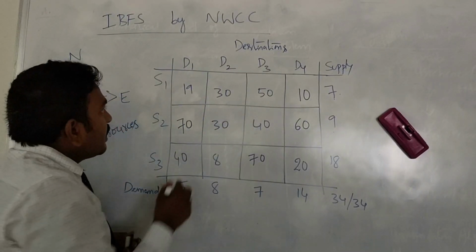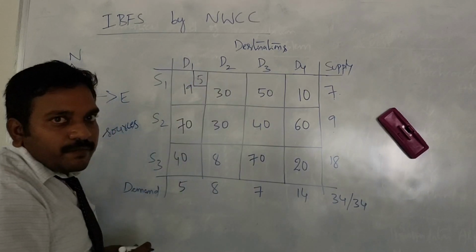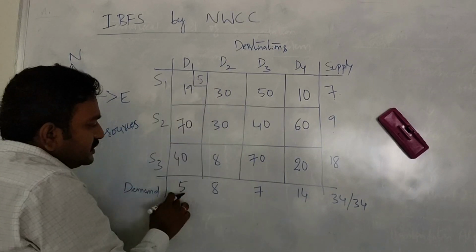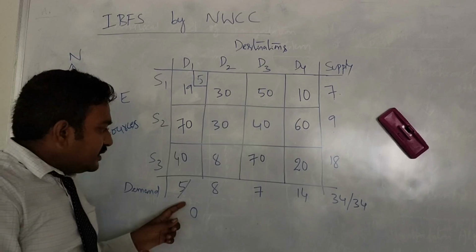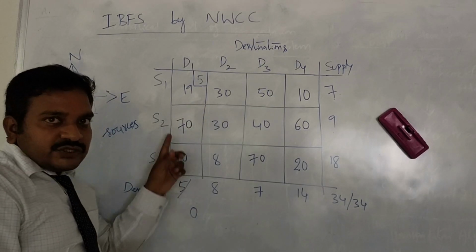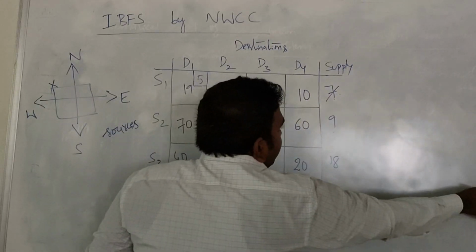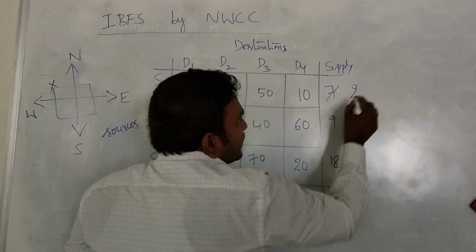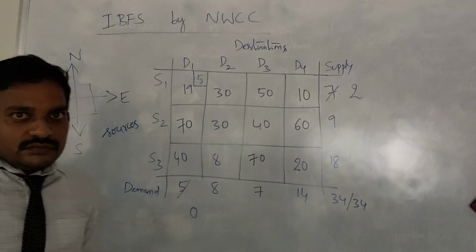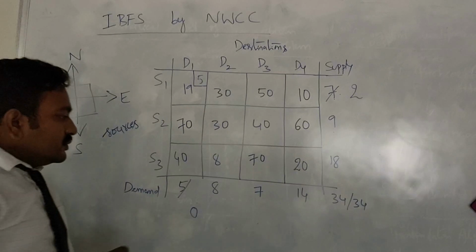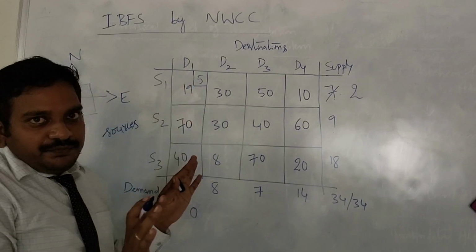So I assign these 5 units. After assigning 5 units, the D1 requirement becomes 0 because it is fulfilled through S1. The capacity of S1 becomes 7 minus 5, 2.